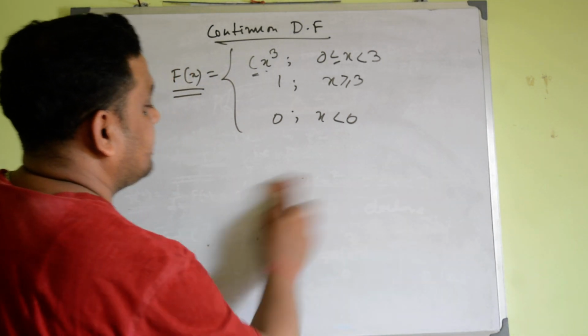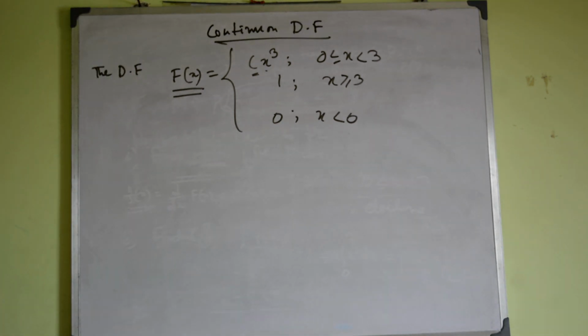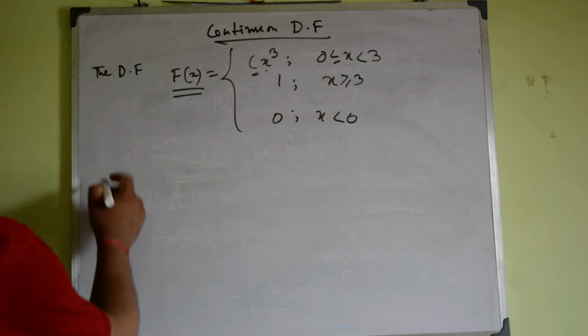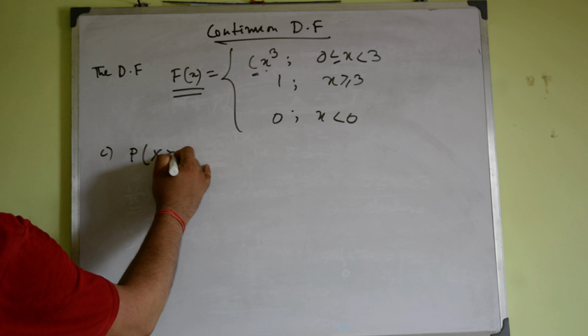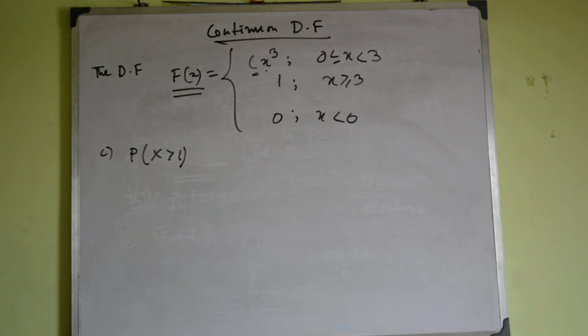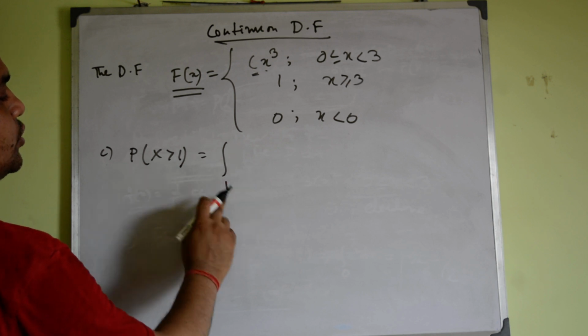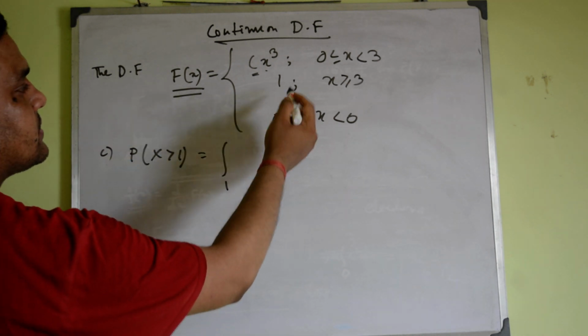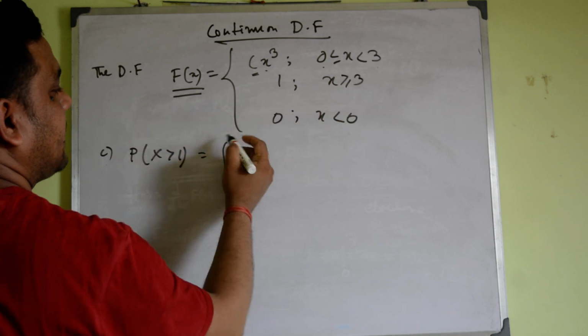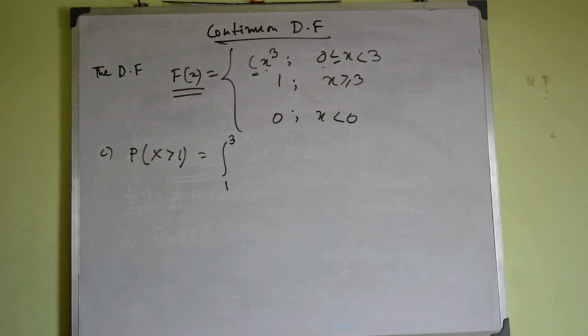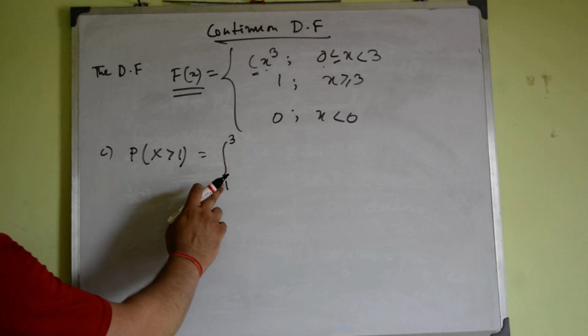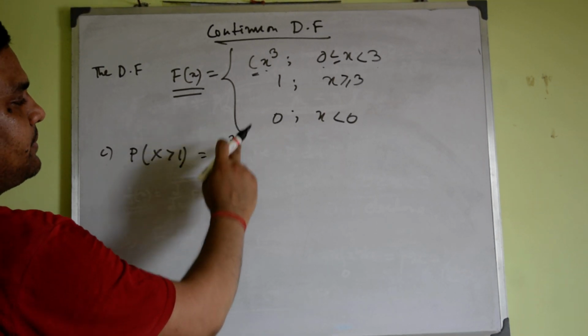Now question number C. Find P of x greater than 1. How to evaluate it? Here x greater than 1 means integration from 1 to infinity. Up to 3 you have some value here, but elsewhere the value is 0, so basically it means 1 to infinity.